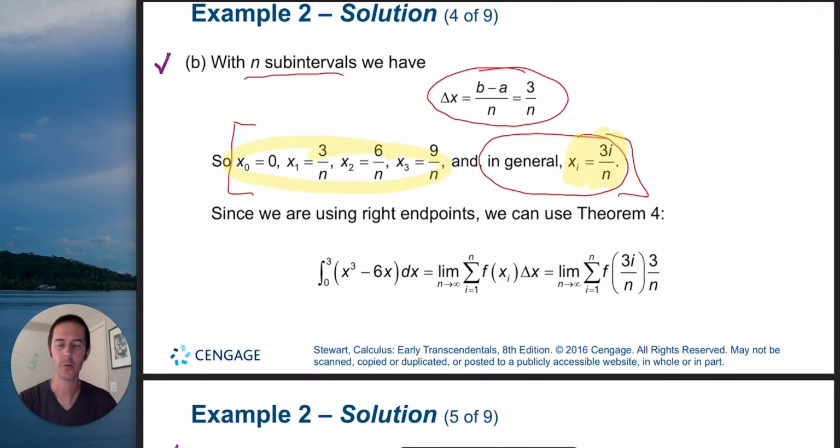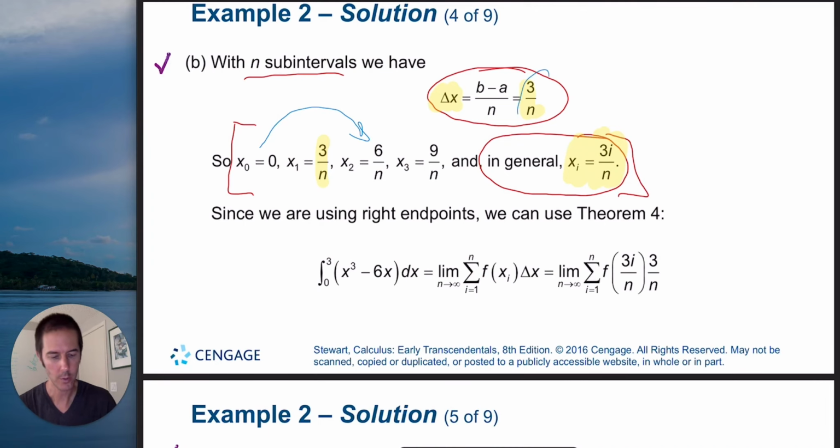So x sub 0 is 0. We know that that's our a value. x sub 1 is 1 delta x to the right of 0. Delta x, as we see up here, is 3 divided by n. So what's 0 plus 3 over n? It's 3 over n. In order to go from x sub 0 to x sub 2, we would have to add 2 delta x's.